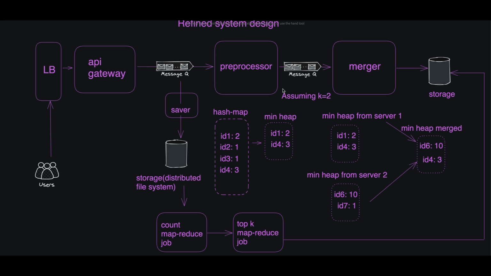And of course, we'll get a less precise result, but it might be okay. And in our case, we say that it is, because we have this flow and because it is sufficient to show the top 10 posts. And if calculations are not exactly precise and we show the 11th post instead of the 10th because we didn't calculate correctly, it's okay for us. All right, let's discuss this preprocessor part with Hashmap.